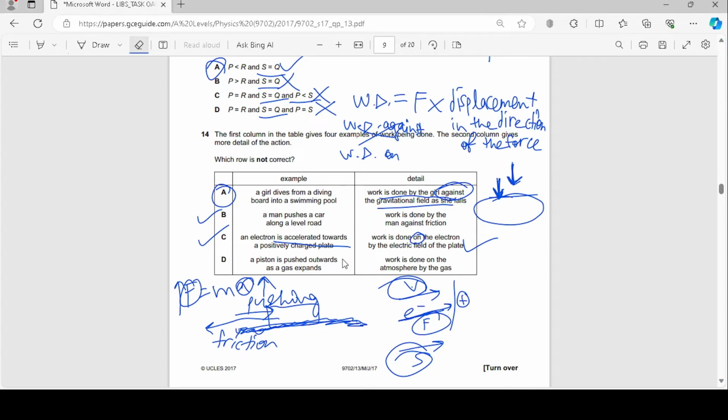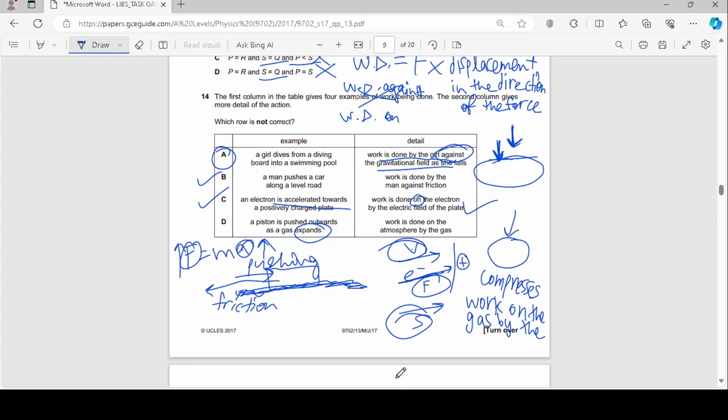So, the piston is pushed outwards as a gas expands, and work is done on the atmosphere by the gas. If you consider the opposite scenario, the piston is pushed outwards means the gas expands. If the gas compresses, then in compression you have work being done on the gas by the atmosphere, right?